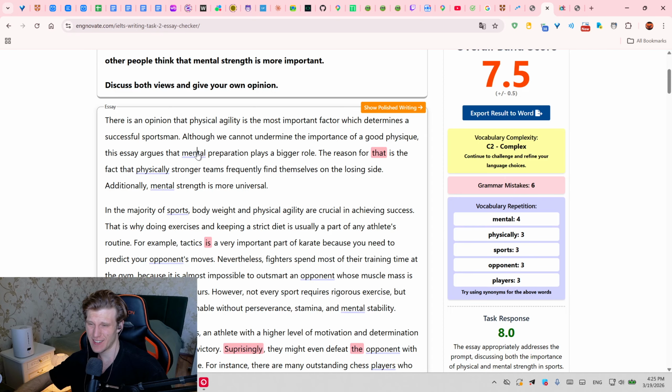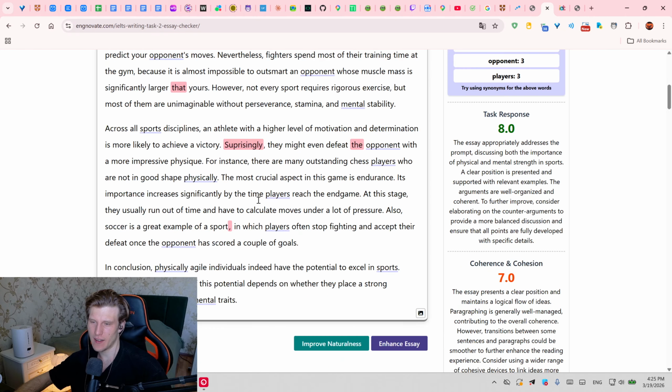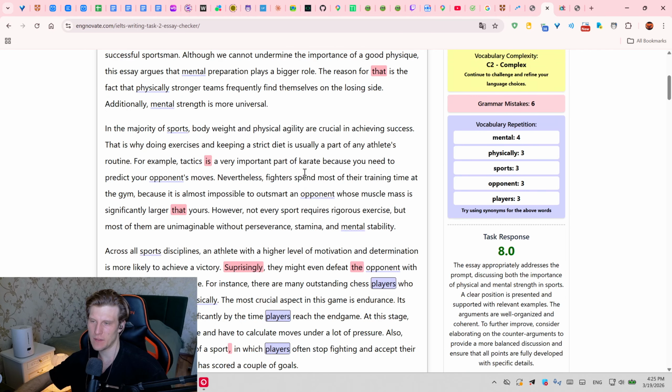Really? Mental preparation? I don't think it's a big deal here. Physically? Really? Okay, let's stick to maybe here players and players. Yeah, that we might fix.